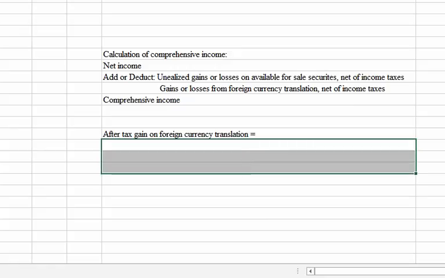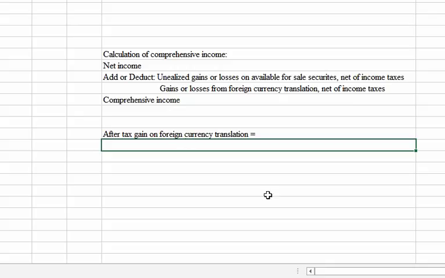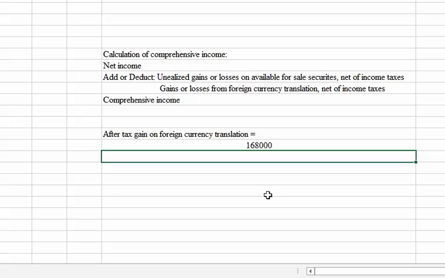Alright, so our gain itself was $240,000. Okay, the tax rate is 30%. That's how much the government's going to get. So the part we're left with would be 70%. So we'll say 240,000 times 0.7. It gives us $168,000.